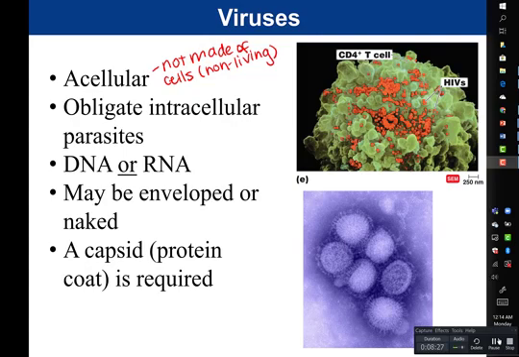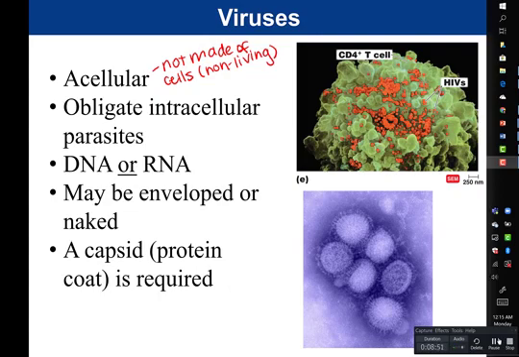Now, in terms of viruses, viruses can be enveloped or naked. Enveloped basically means that it has an envelope, which is a structure that is made of a cell membrane. These are animal viruses, and the way that they get that envelope is when they bud off of the animal cell, they take some of the animal cell membrane with it.